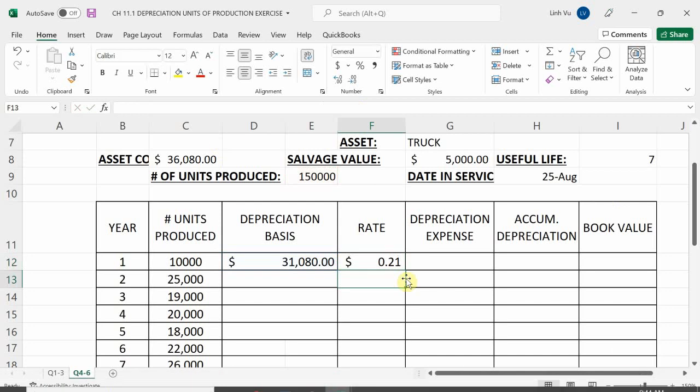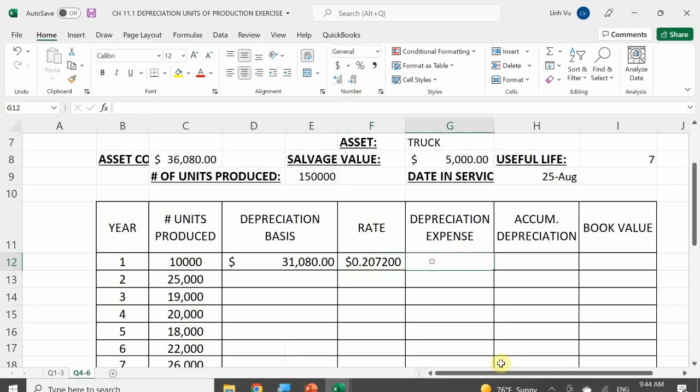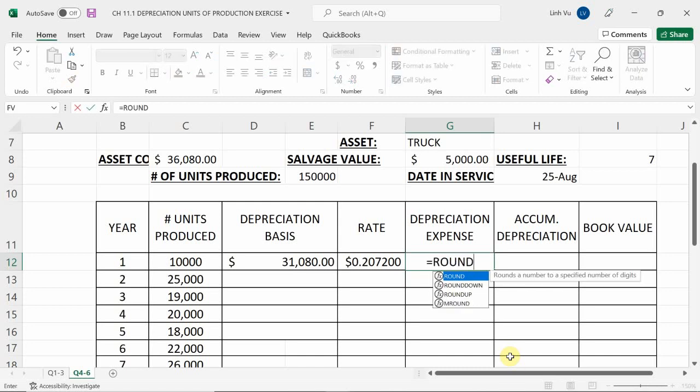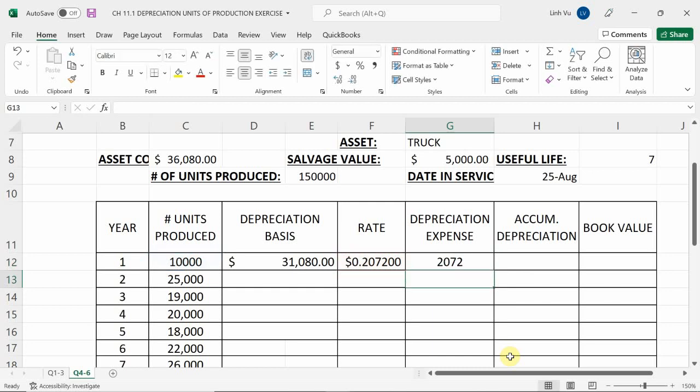In this case, we're not going to round up. I'm going to expand as much as I can, but it's 0.2072. So if I drove 10,000 miles for the very first year, how much is my depreciation expense? $2,072. Good.